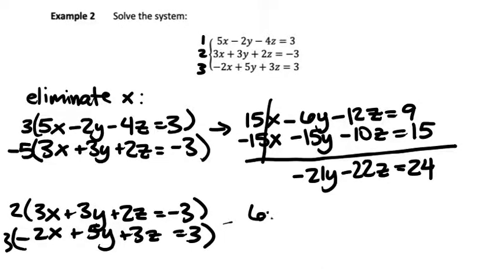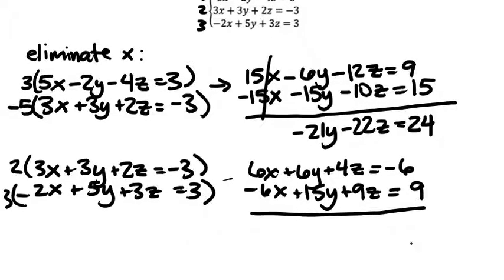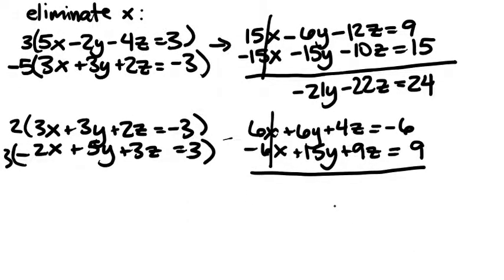So that's 6x plus 6y plus 4z equals negative 6, and negative 6x plus 15y plus 9z equals 9. So my x's cancel again. 6 plus 15 is 21y plus 13z equals 3.